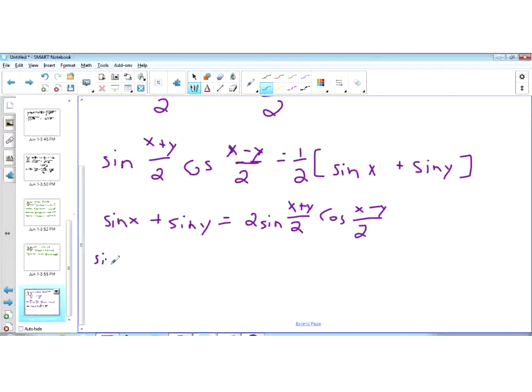So these I would suggest you attempt on your own. For instance, the sine of x minus the sine of y, to convert that into a product, it would be 2 times the cosine of x plus y over 2 times the sine of x minus y over 2.